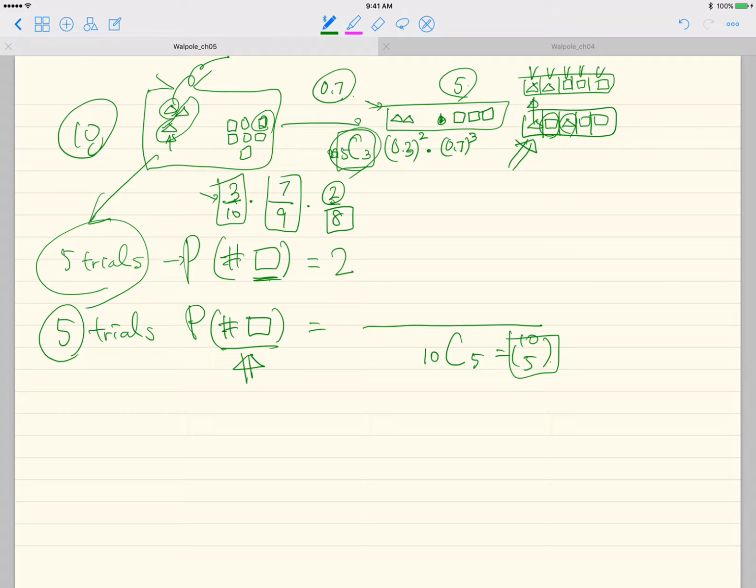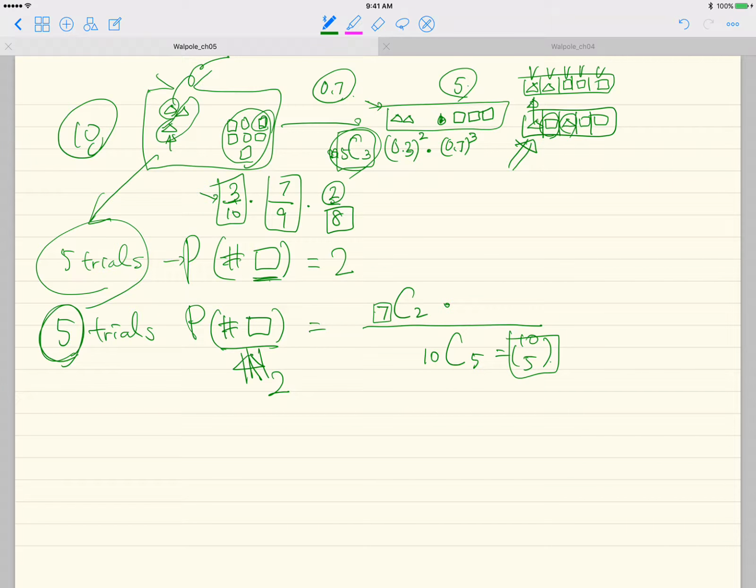Out of these numbers, let's fix this value as 2, for example. In this case, out of 5, we have to pick up 2 rectangles, and the total number of rectangles was 7.